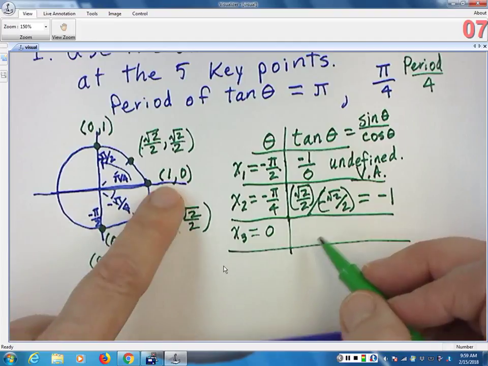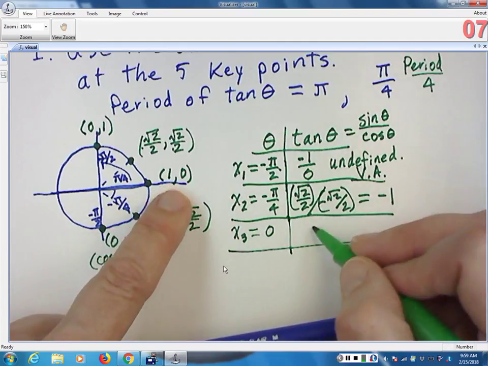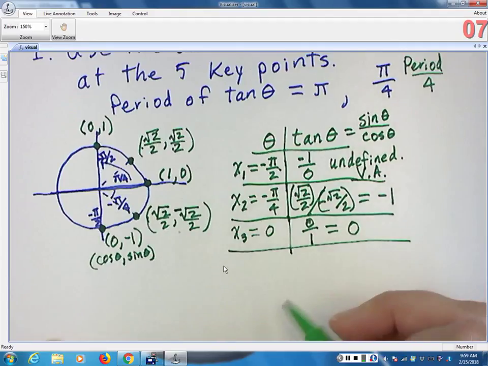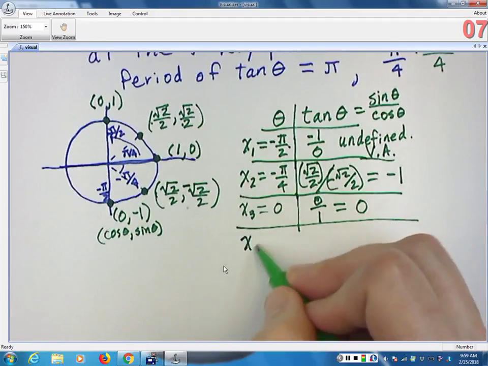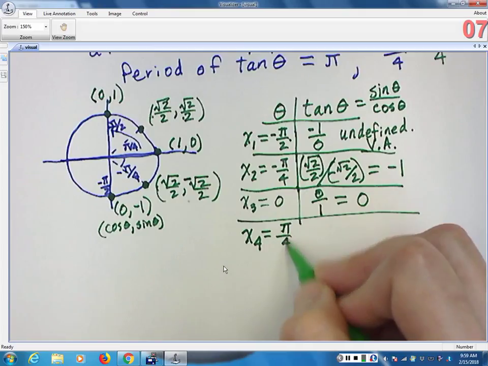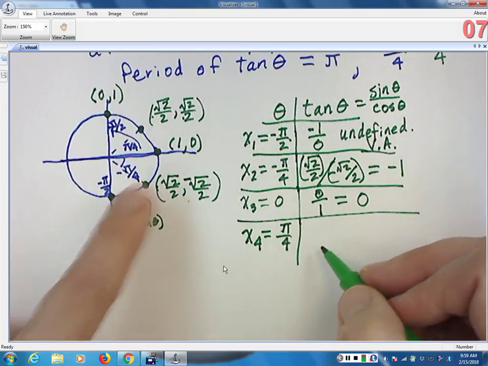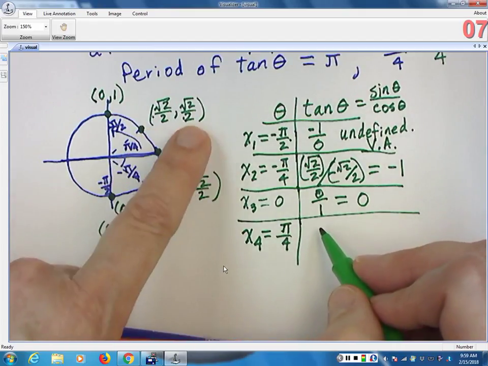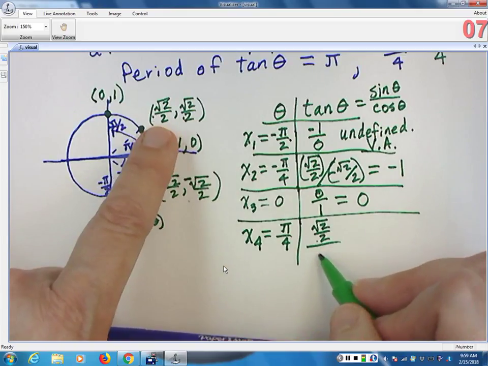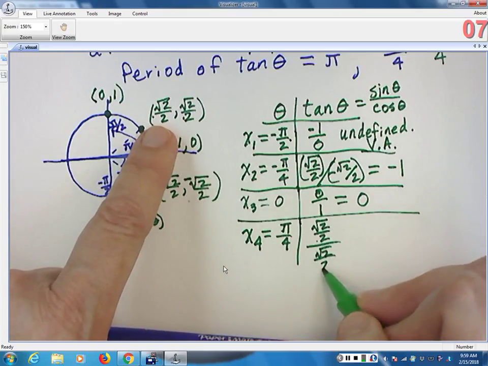At 0, sine is 0 and cosine is 1, so you get 0. And x4 is going to be pi over 4. If we want to give ourselves more room and write sine, square root of 2 over 2, divided by cosine, that equals 1.